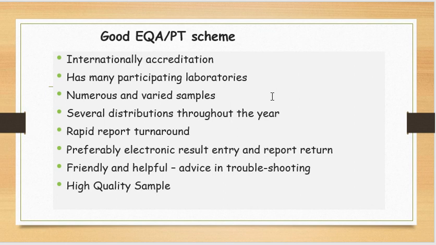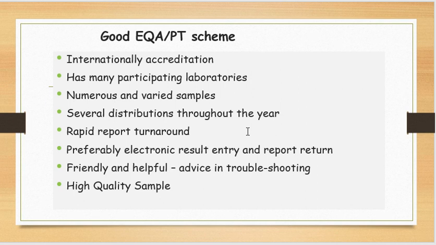And it has several distributions throughout the year, meaning that a higher frequency of EQA testing provides more frequent monitoring of the quality of tests. Rapid report turnaround, meaning that the faster the EQA scheme gives back the report, the faster the laboratory can review its performance and do troubleshooting on non-performing tests.